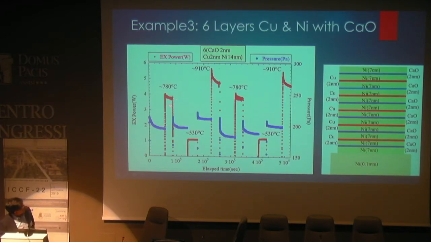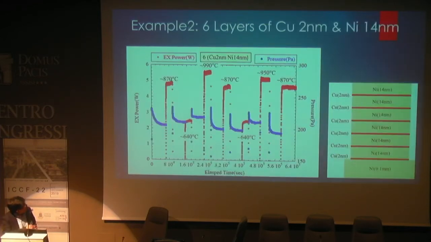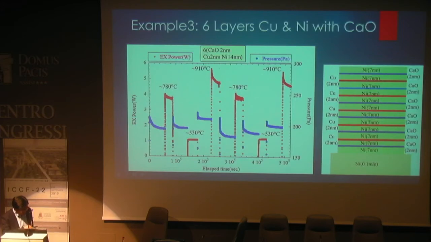You can see that nearly similar excess heat we got, but the trend of the excess is different, because in the case of no calcium oxide, excess heat seems stable, but if we input the calcium oxide, excess heat goes down like this.